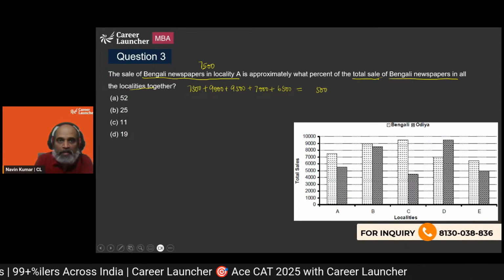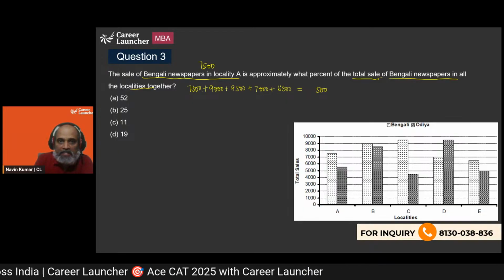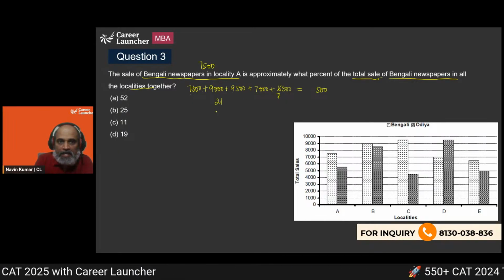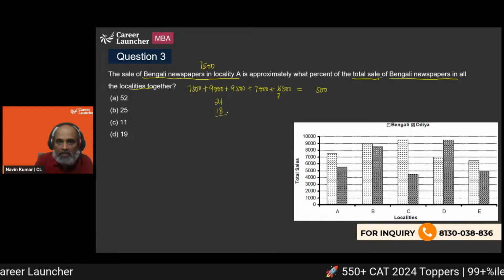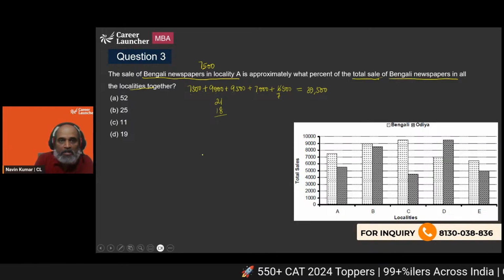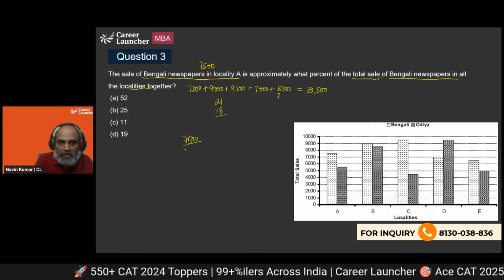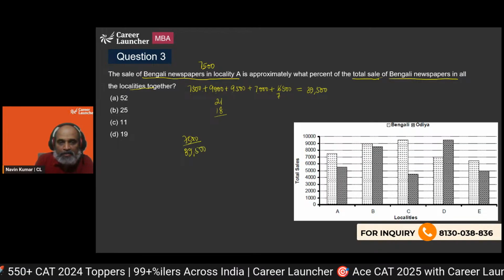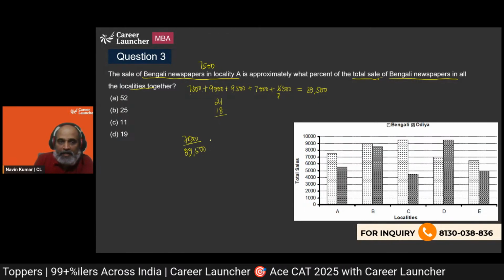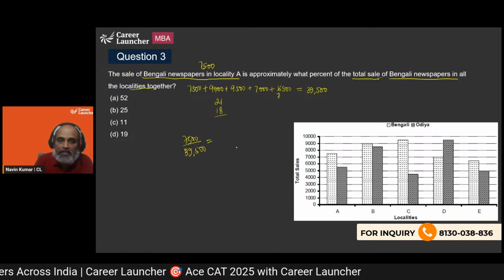There is a carry of 1. So what I will do is I'll make this 6 as 7. So 7 into 3, 21. 9 plus 9 is 18. So this will turn out to be 39,500. So basically 7,500 is what percentage of 39,500, right? We need to calculate the percentage.